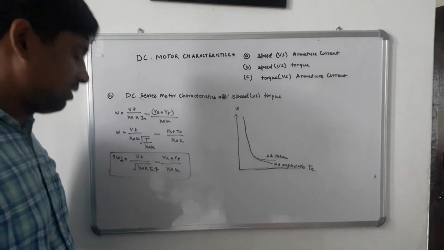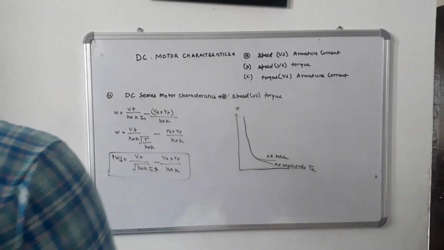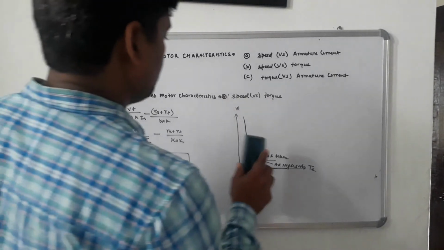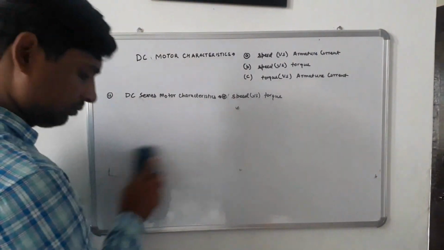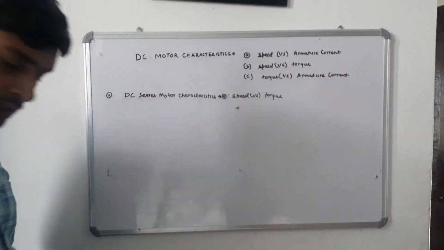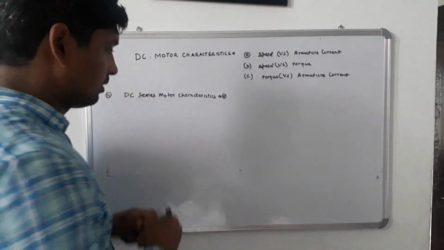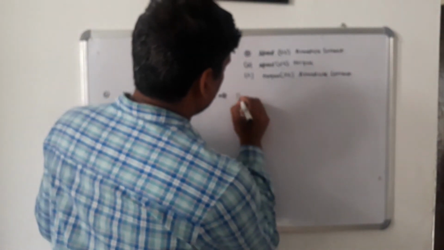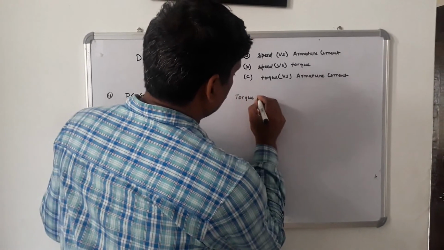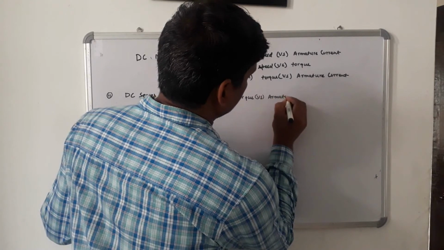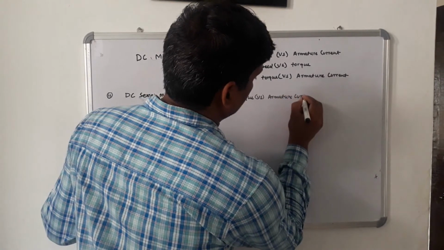Finally, we have to draw the characteristics between torque and armature current. Torque versus armature current.